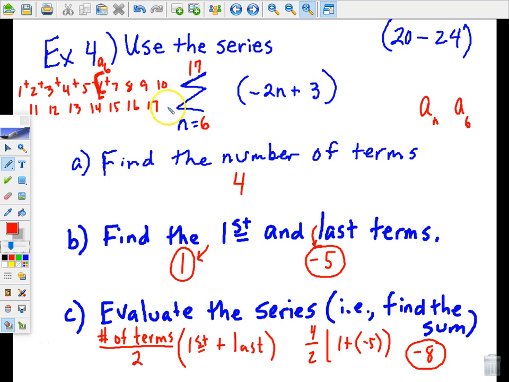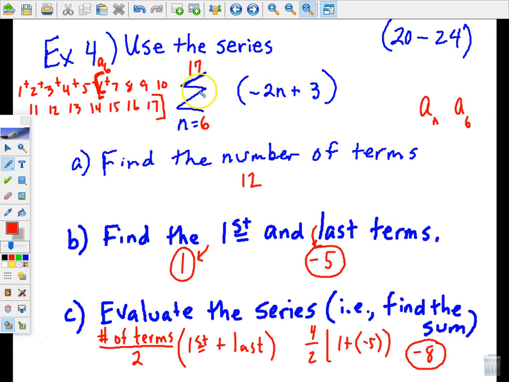And I'm going to keep on adding until I get to the end of this series. Okay, so how many terms is that? Well, let's count. 1, 2, 3, 4, 5, 6, 7, 8, 9, 10, 11, 12. So if this were your problem as a homework that you had to do, then my number of terms would not be 17. It would actually be 12.